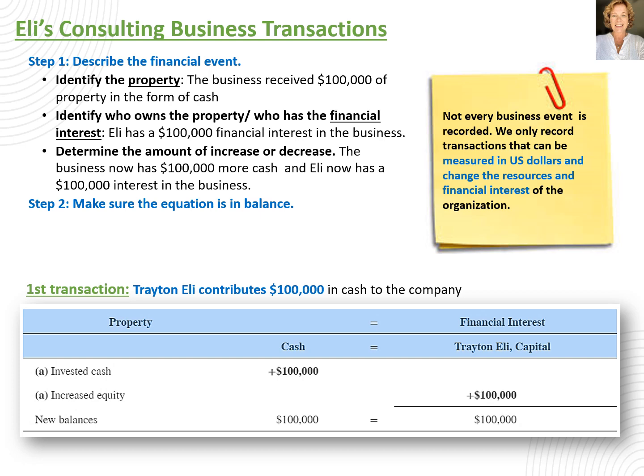So let's enter the transaction into our table and calculate the new balance. The second step is to make sure the equation is in balance, which is the case after this first transaction. $100,000 in property equals the $100,000 in financial interest.